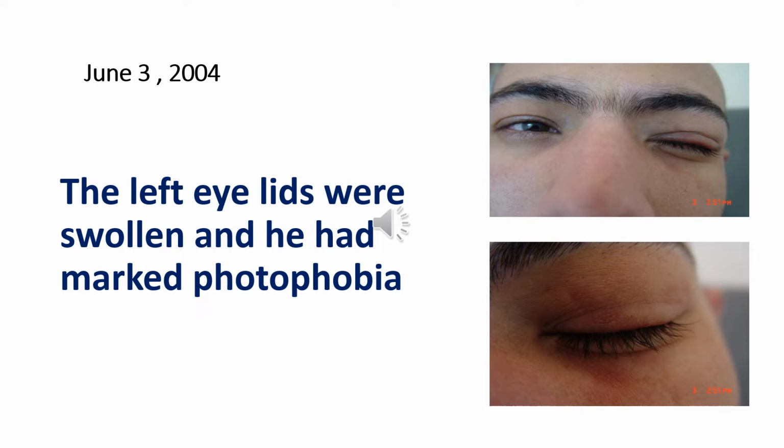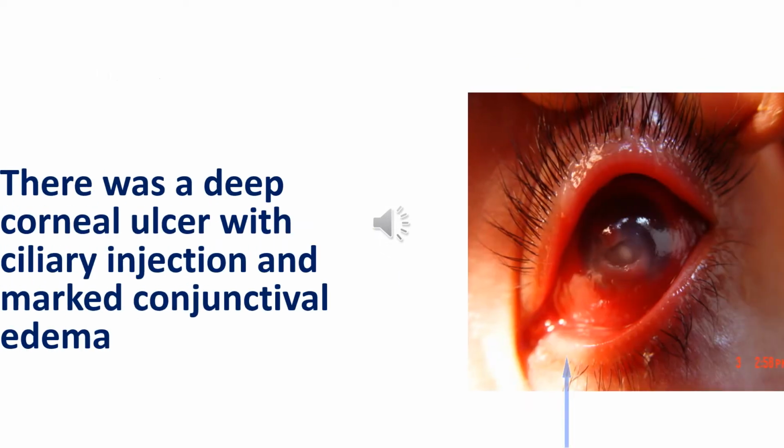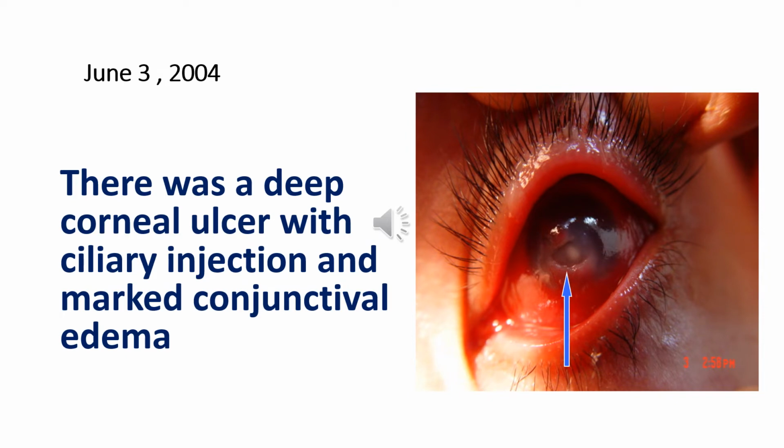As we see in this photo, the left eyelids were swollen and the patient had marked photophobia. Examination of the left eye, as we see in this photo, showed a deep corneal ulcer with marked ciliary injection and marked conjunctival edema.